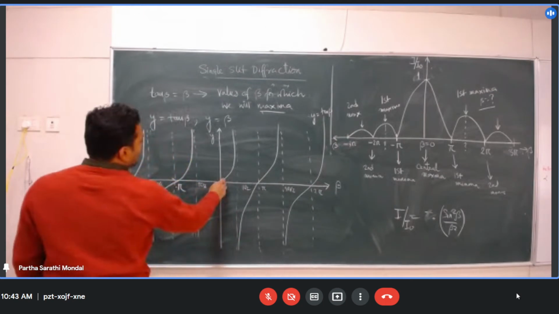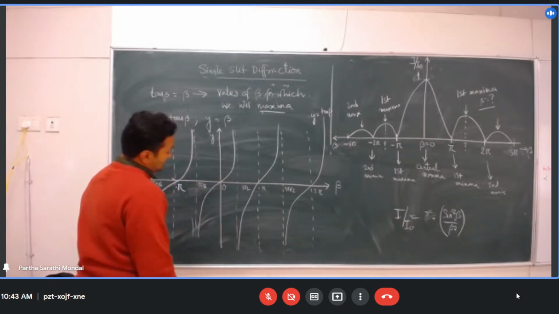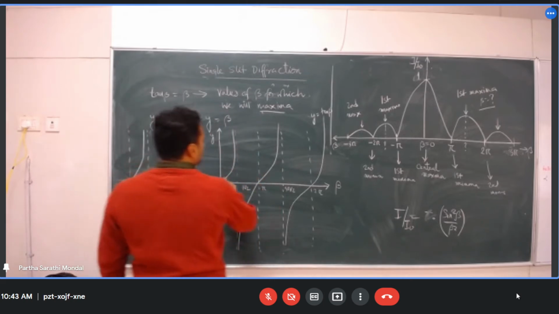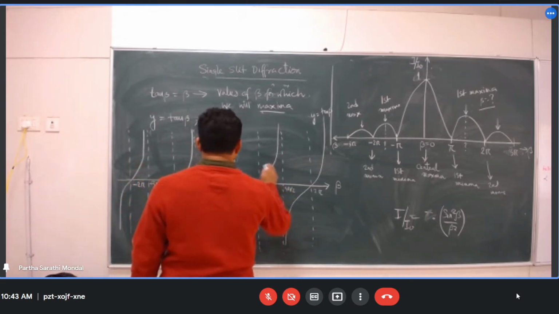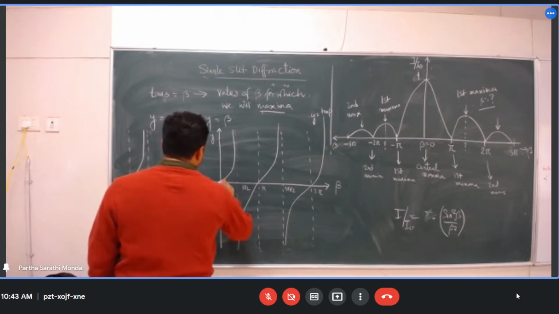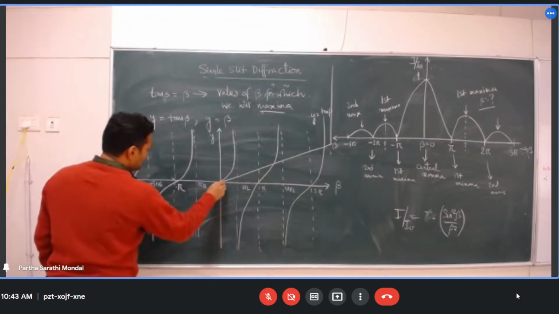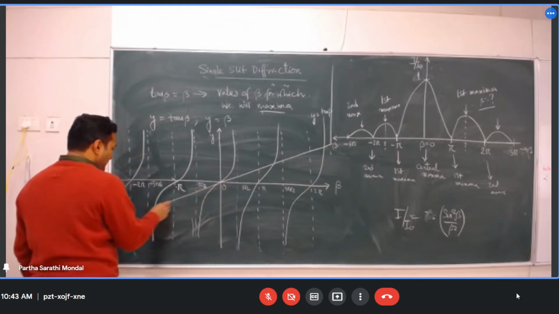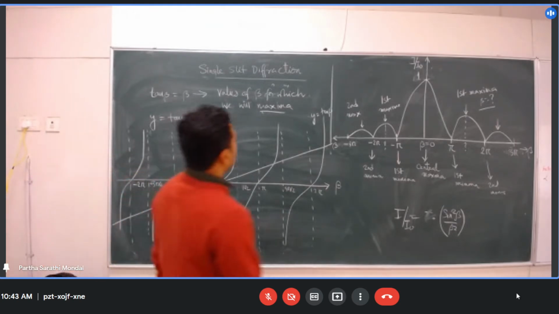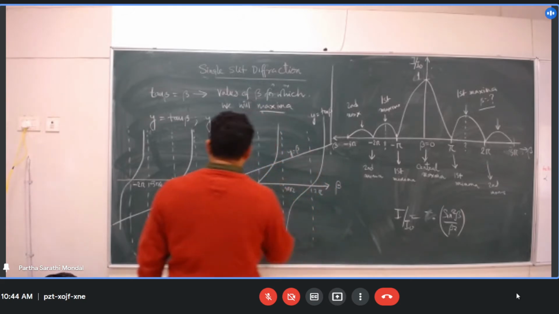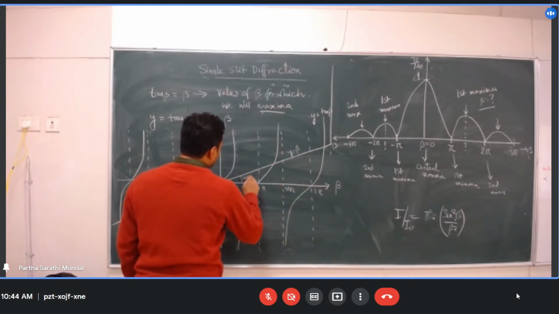So now if I plot y equal to beta, let's say this is y equal to beta. This is your y equal to beta. So this is making a 45-degree angle.